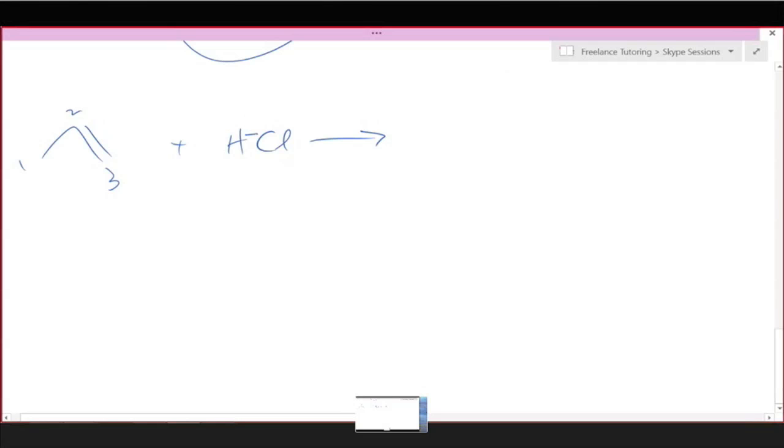So the first step is an acid-base reaction. That's a no-brainer because we have a strong acid here. Strong acids always start with an acid-base reaction.